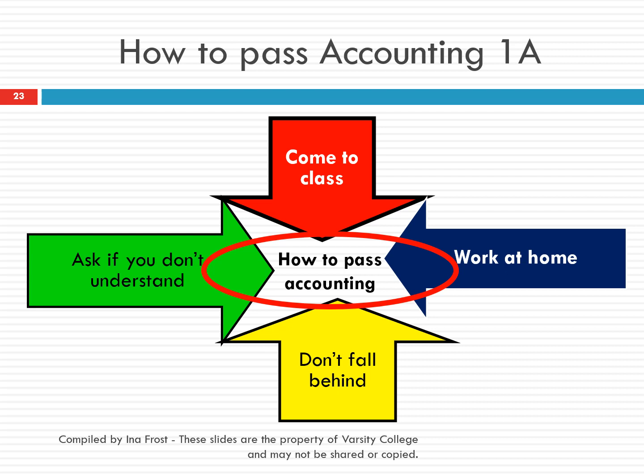Remember again, your key to passing Accounting 1A this semester is to attend as many of your classes as you can, to consistently work at home by watching videos like this and redoing all the textbook examples and questions.